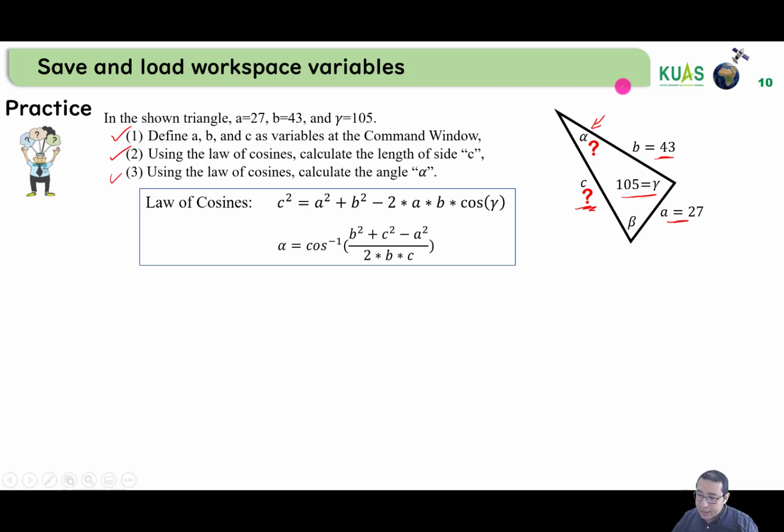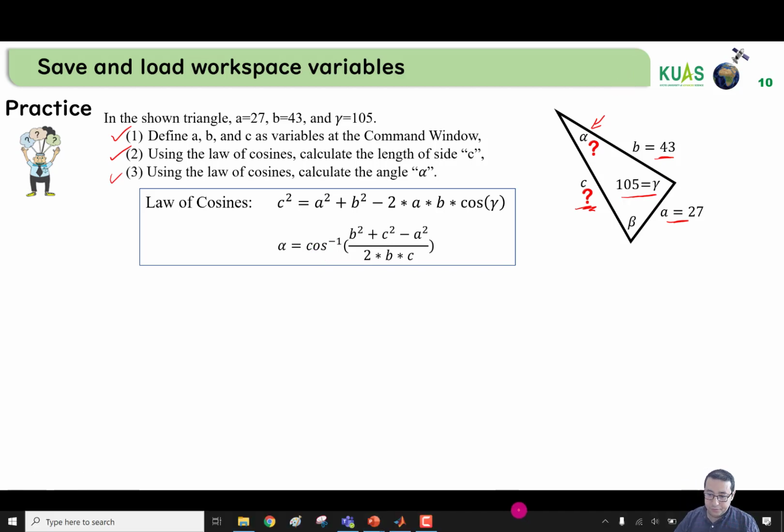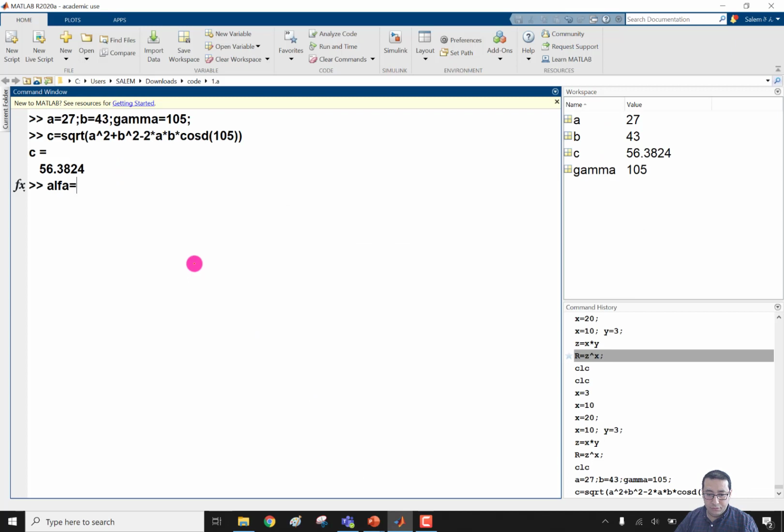So let's write that. So alpha will be acosd, and then open the parentheses, and then write b squared, and then plus c squared, and then minus a squared. This is the first part.